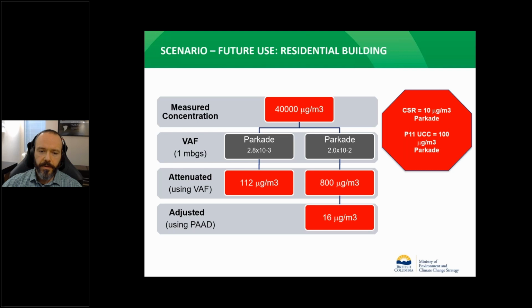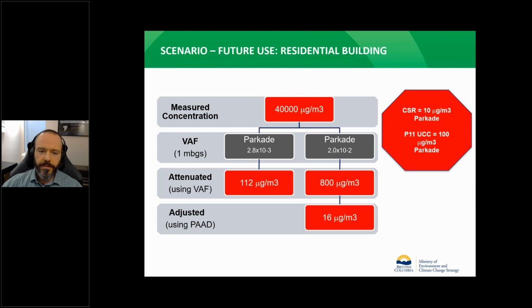However, the parkade has a ventilation system and covers the entire footprint of the building, so a PAD may be applied. The PAD is a 50-times dilution factor due to air exchange from the ventilation system. Using the subslab VAF and PAD together, we can calculate the predicted breathing zone air concentration for parkade receptors.